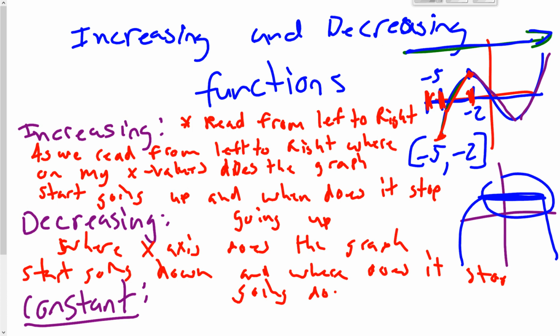That's decreasing. Okay, so on my x-axis from left to right, if my graph is going downwards, where does it start going downwards, and where does it stop going downwards on my x-axis?